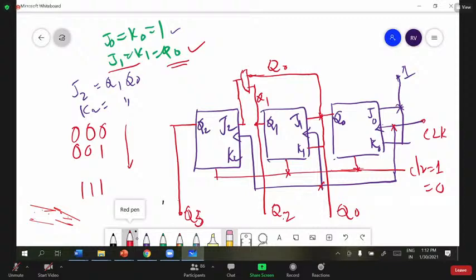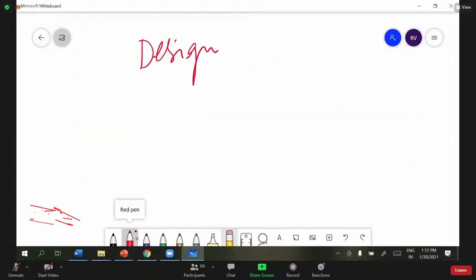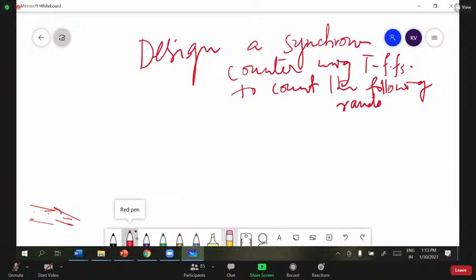Okay, now I'll give you one random sequence. Suppose, just take the question: design an asynchronous counter using simple T flip-flops, to count the following random sequence.